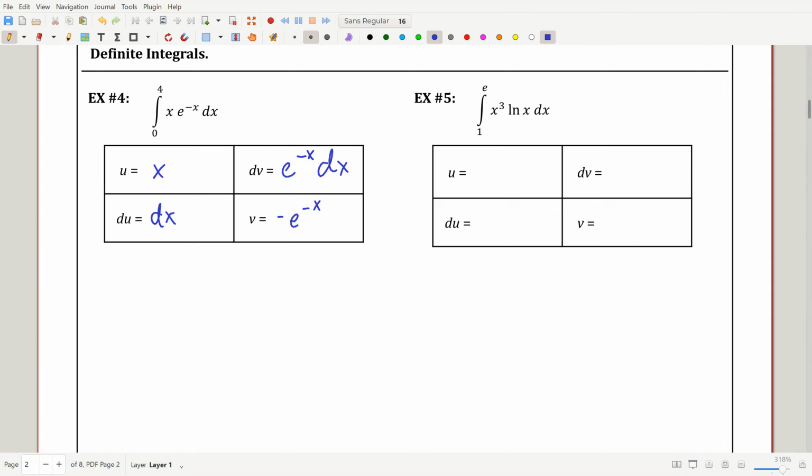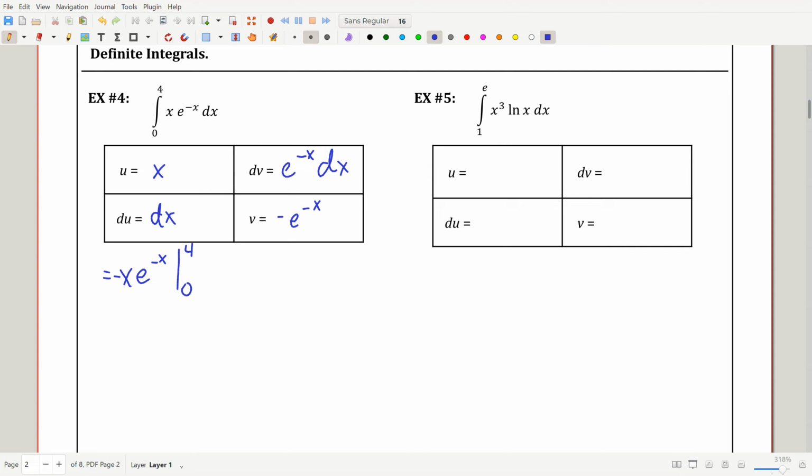uv minus the integral of v du. So we've got x e to the negative x, and we've got to evaluate that from 0 to 4. Negative, yes, thank you. Negative x e to the negative x.